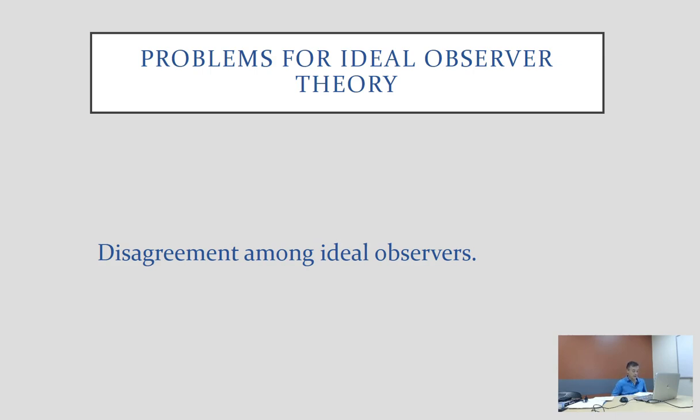So the problem is that we are asserting this idea as a relativist, that an action or policy's rightness comes from the fact that I happen to favor it as an ideal observer. That seems incorrect.